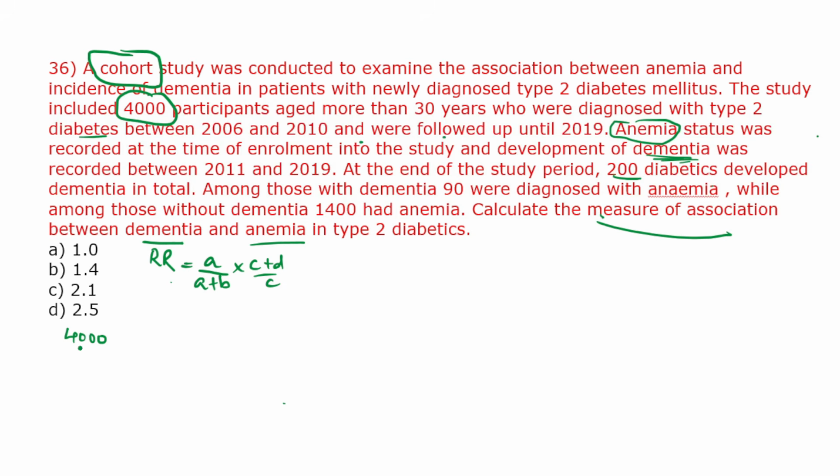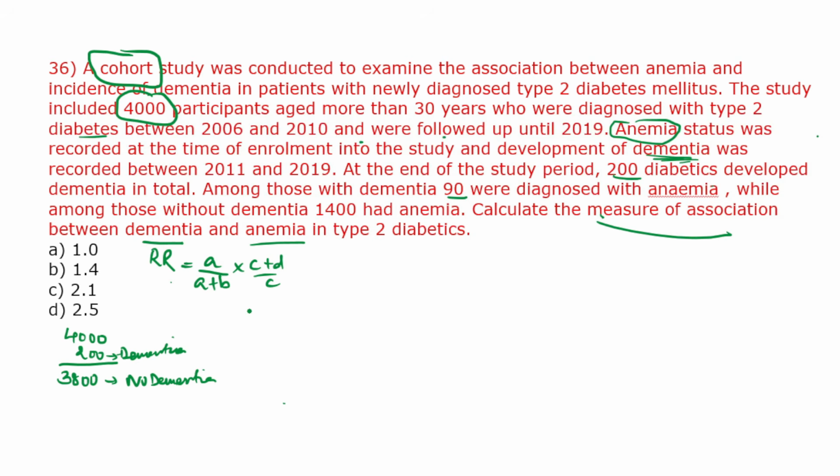So out of these 4,000, 200 people developed dementia. What does that imply? That 3,800 participants have no dementia. Among those with dementia, that is among these 200, 90 were diagnosed with anemia.